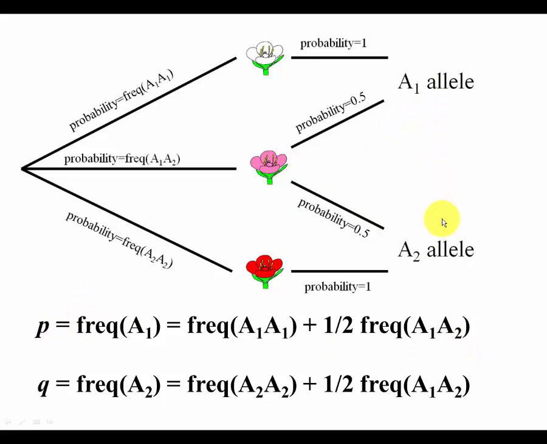Remember that the frequencies of the two alleles are P and Q respectively. So this is how, if you're given genotypes, you calculate P with this equation right here. You calculate Q with this equation right here.